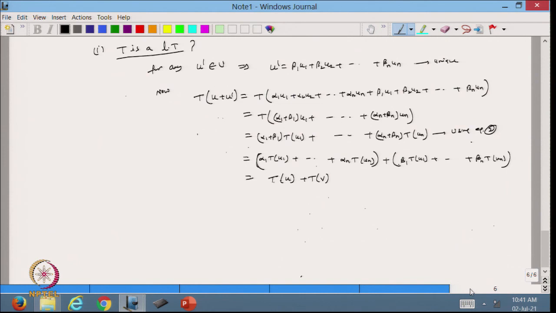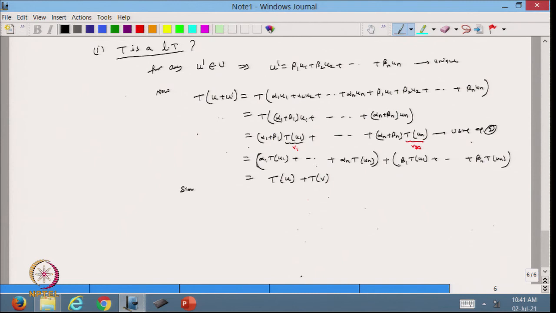T u 1 I am taking as an element v 1, and this as v 2 up to v n, and then we put this value here. So, this becomes T u plus T v.